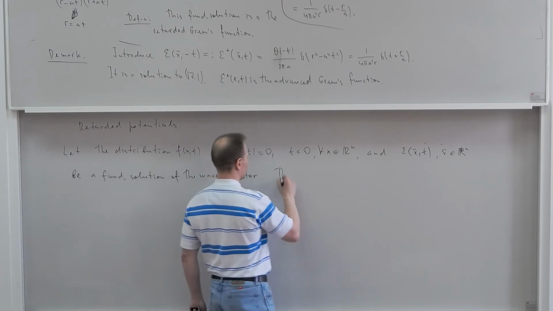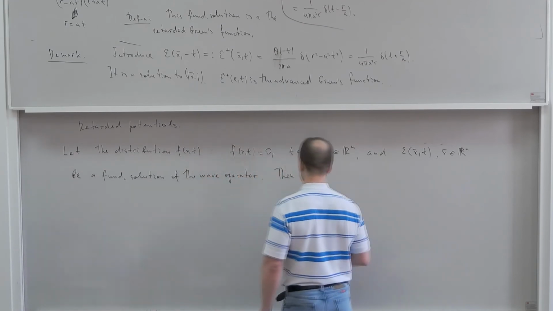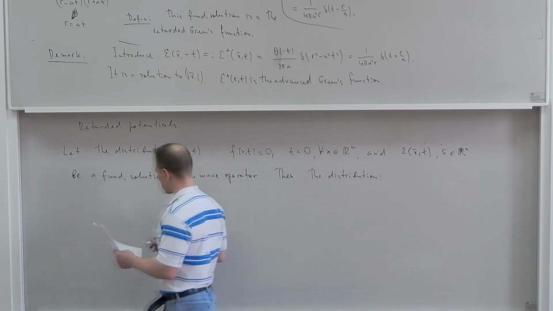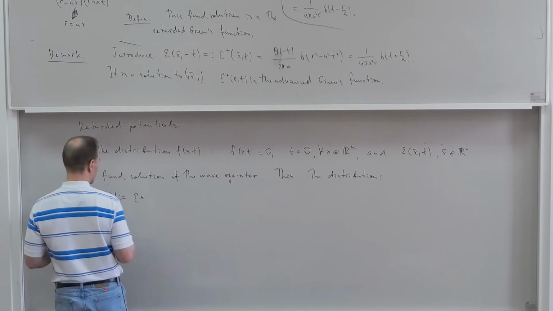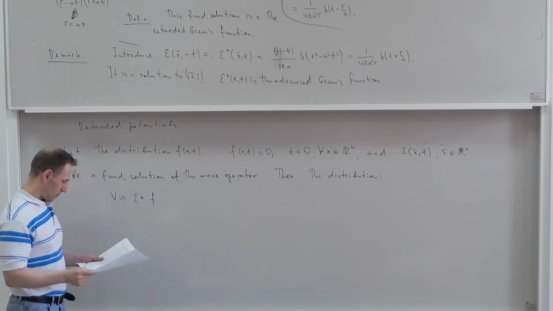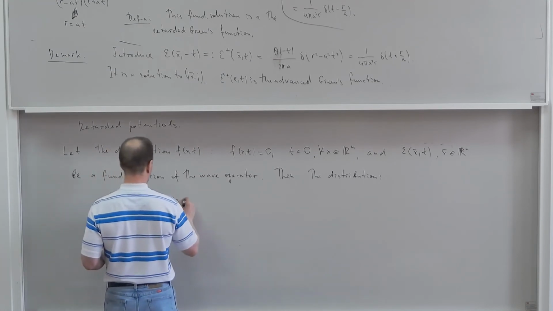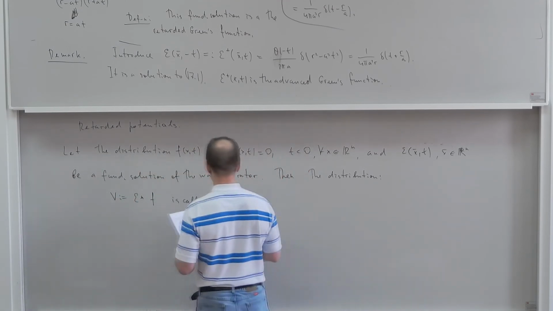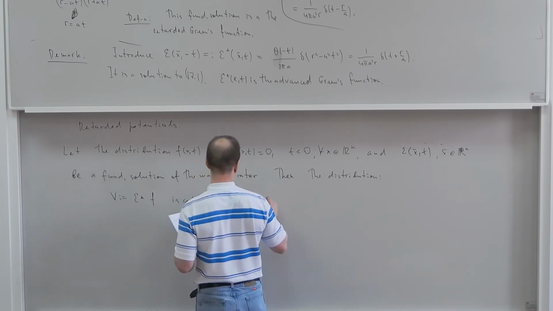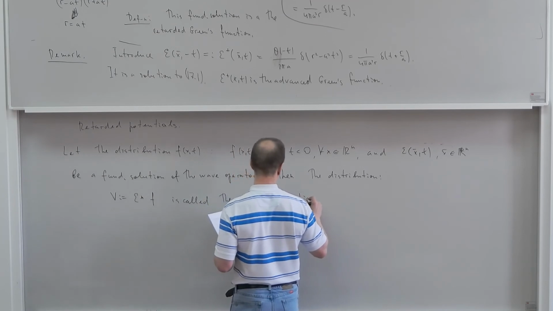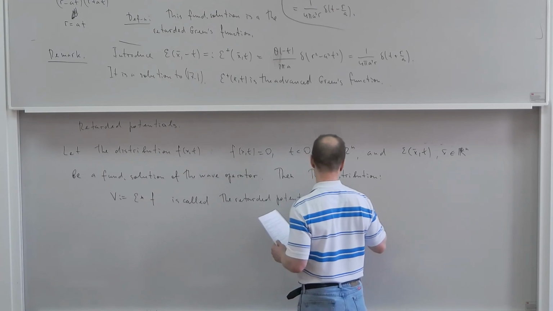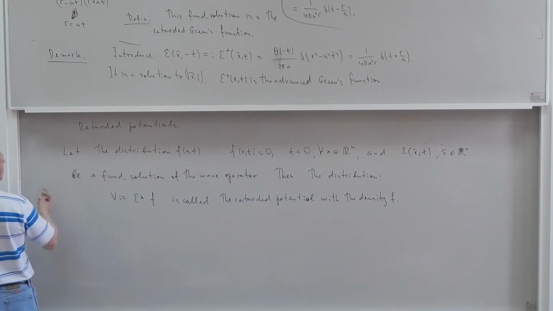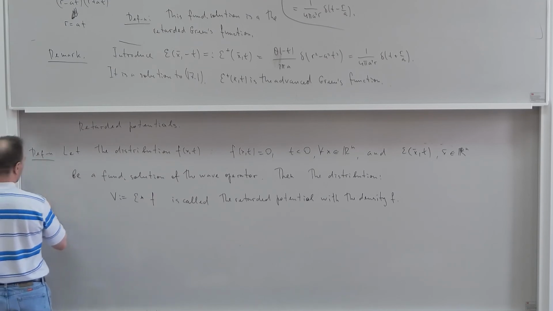Then the generalized function, the distribution V, which is by definition the convolution of E and F, is called the retarded potential with density F. The definition is finished.